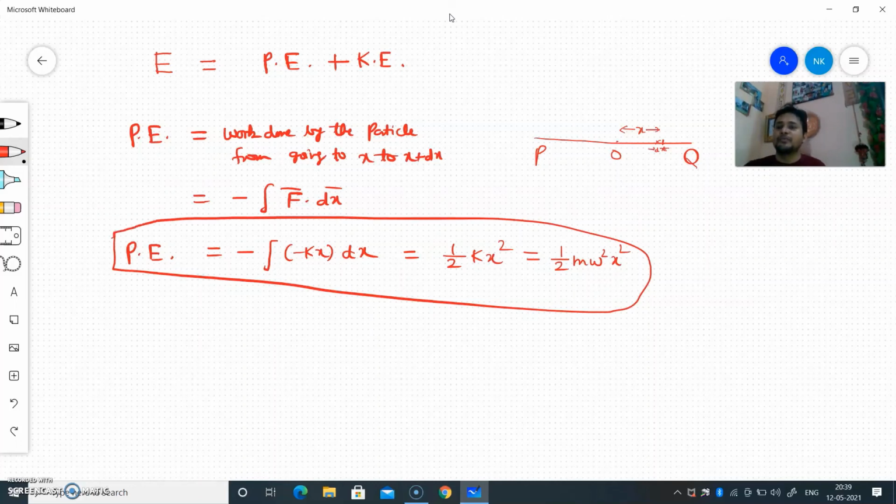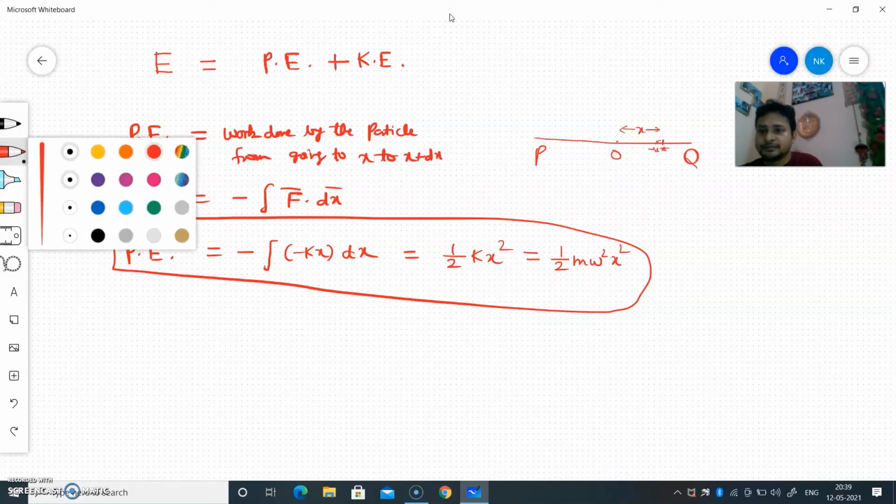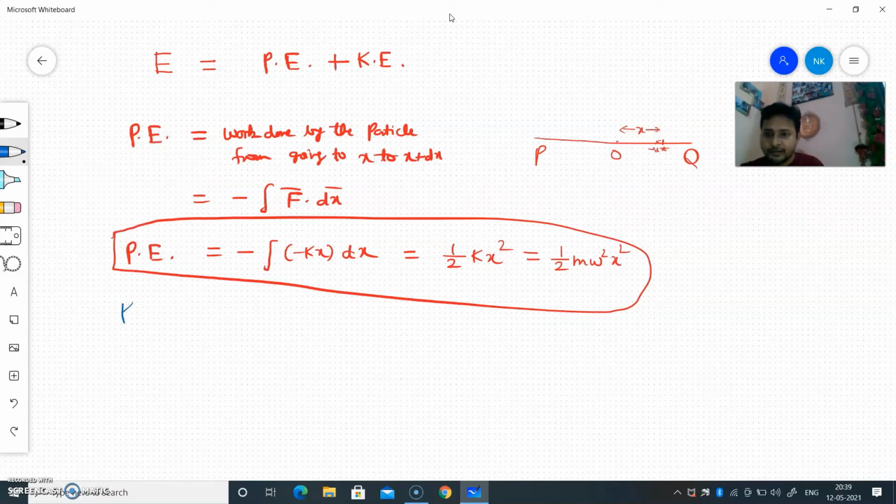Now one can similarly find the expression for kinetic energy. Kinetic energy is half m v square, and we know that v is omega times the square root of A square minus x square.